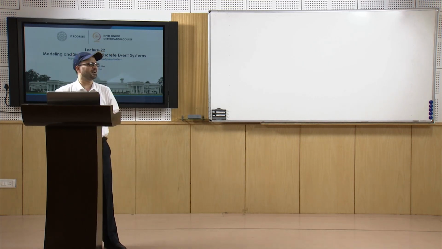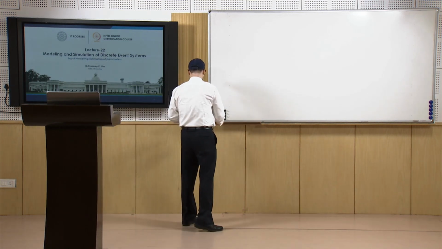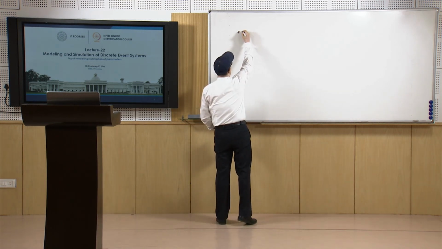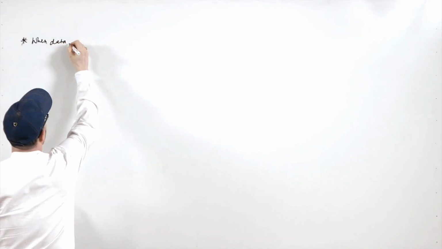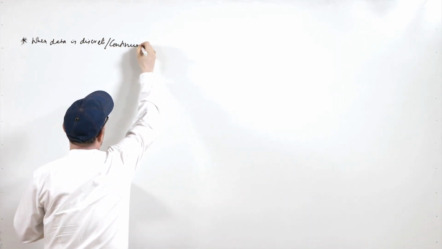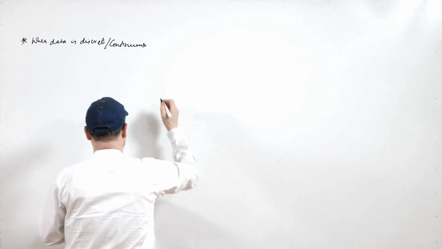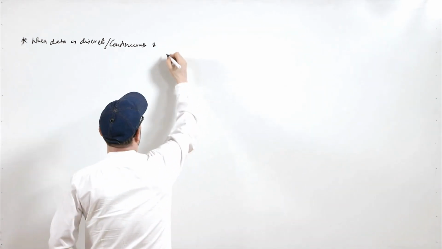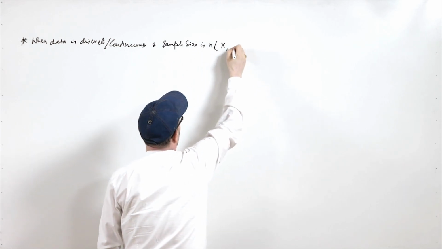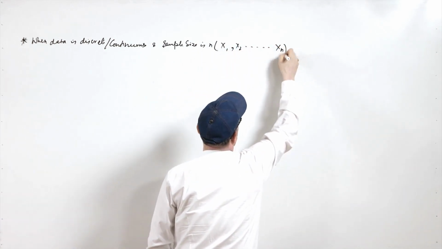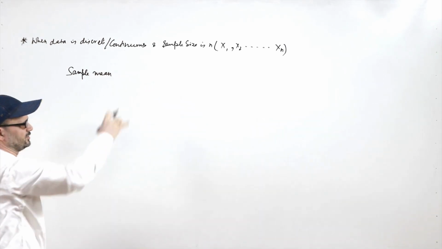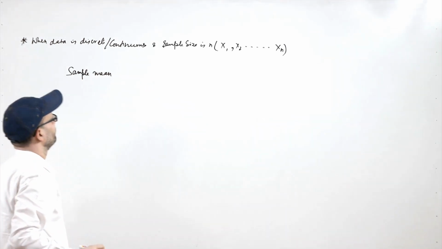So, when the data is discrete or continuous, and the sample size is n, that is, you have x1, x2, up to xn, in those cases the sample mean will be calculated as the summation of these values divided by the total number of observations.